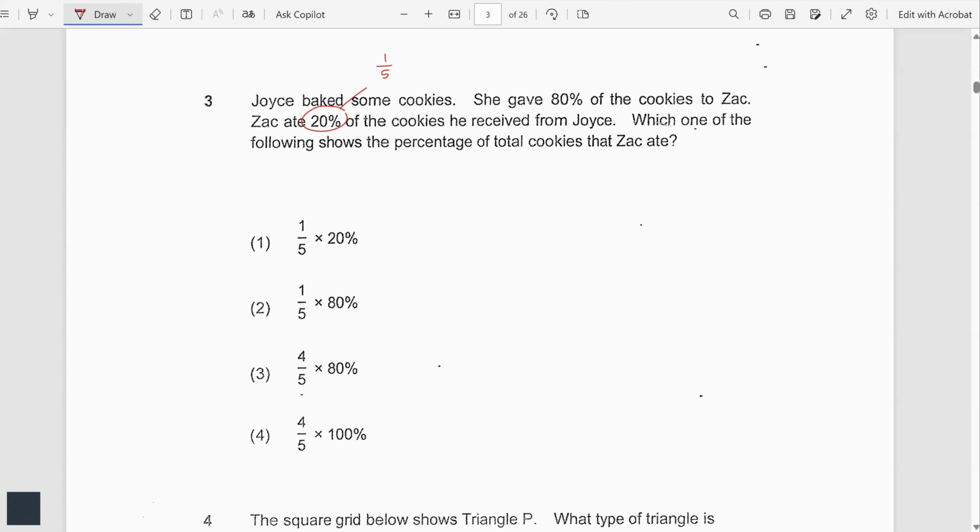So it's actually 1/5 of the 80%. It'll be much clearer this way instead of using a percentage of a percentage. So I change it to fraction. 1/5 of 80% will be 1/5 times 80%. So that is option 2, 1/5 times 80%.